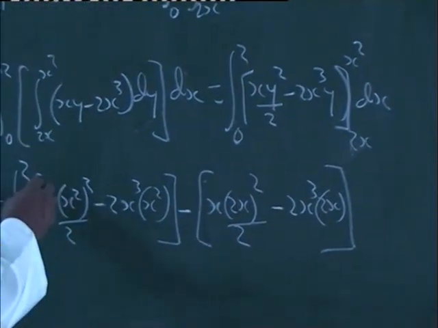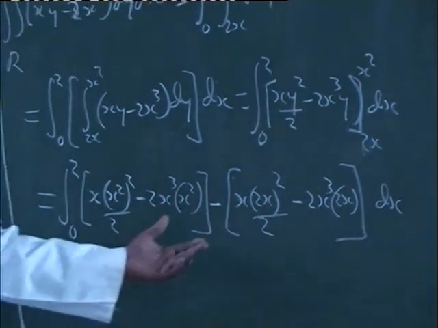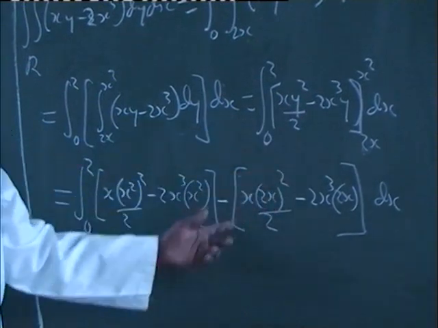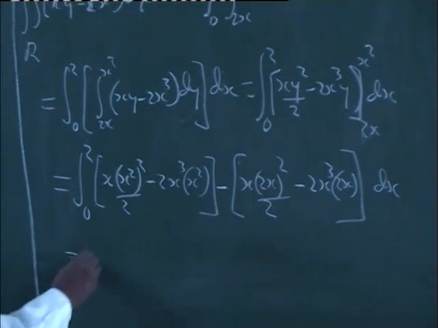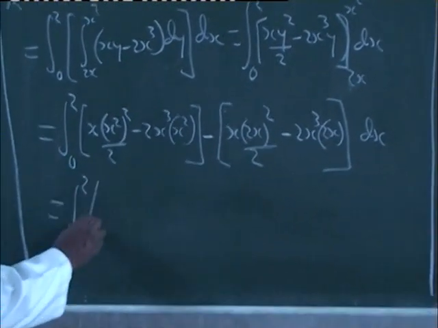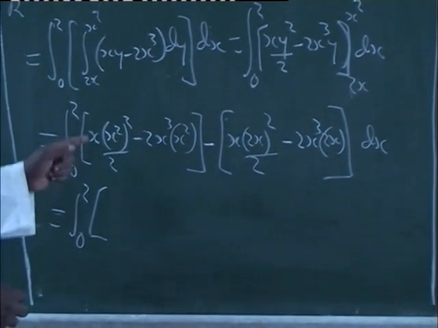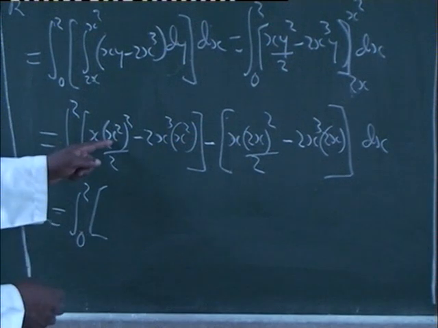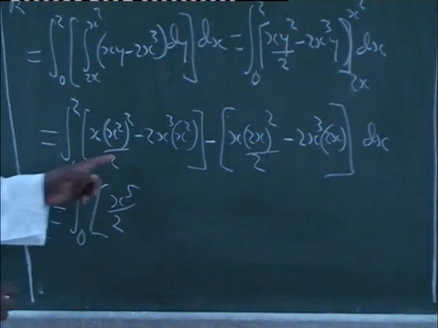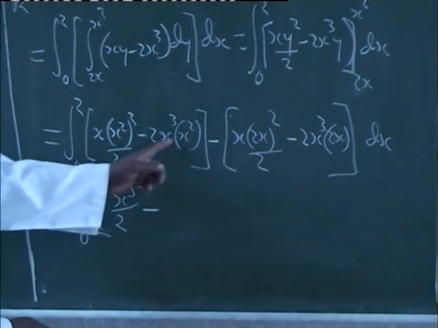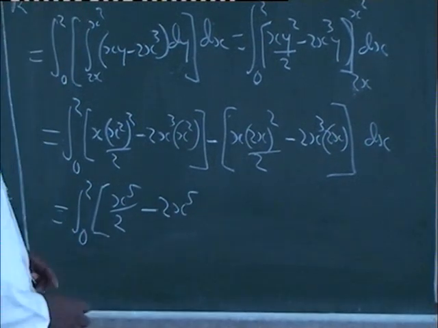Don't forget that we are integrating with respect to y, so we substitute the upper and lower limits of y. So this gives the integral from 2 to 0 for the x axis. Then this one will be x raised to the power 5 over 2, minus 2x raised to the power 5.